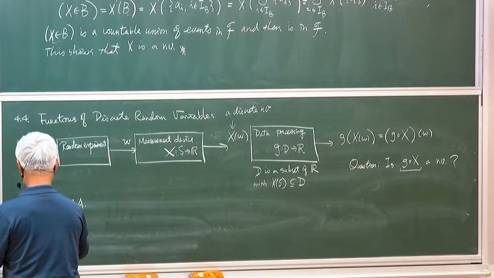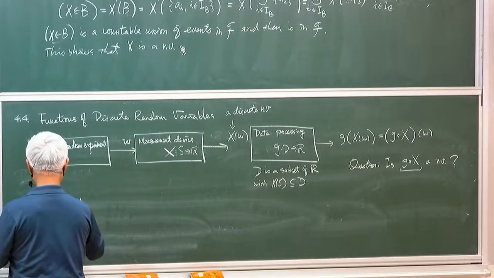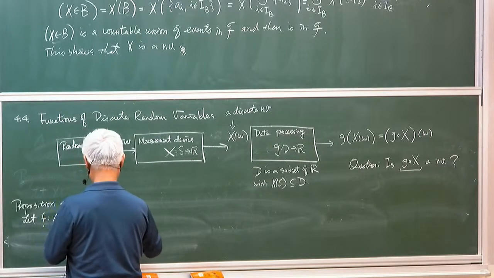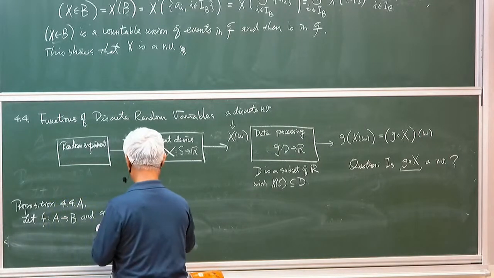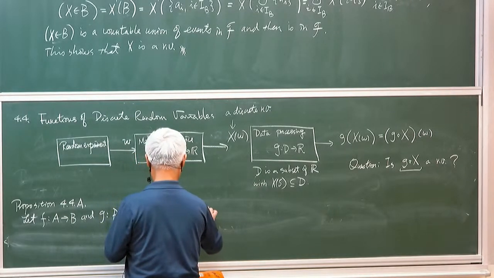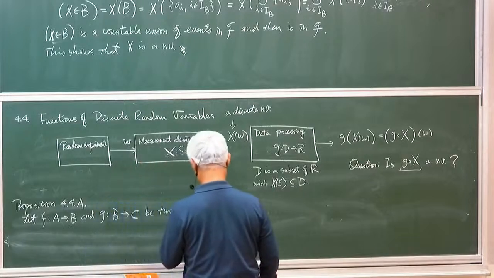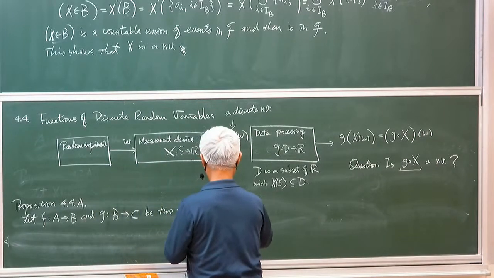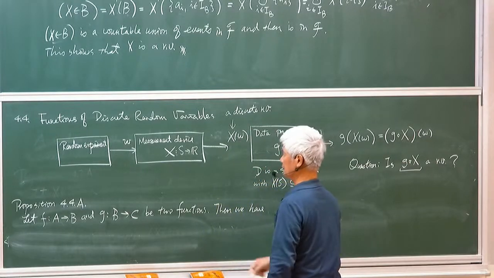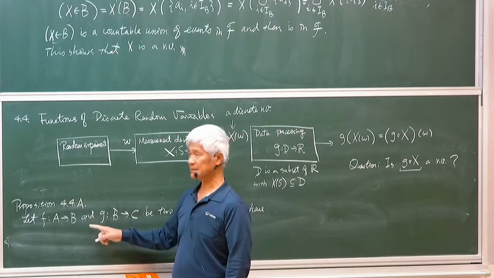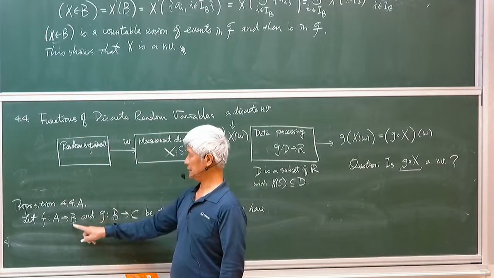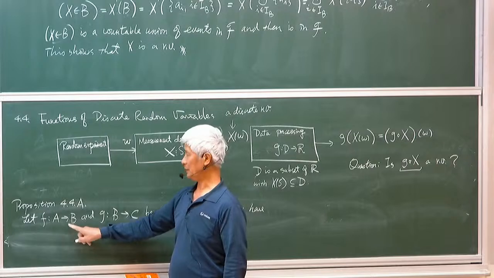Let f be a function from A to B, and g a function from B to C. Then we can do the composition of f and g because the domain of g is the same as the codomain of f.